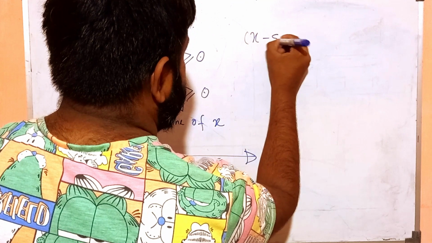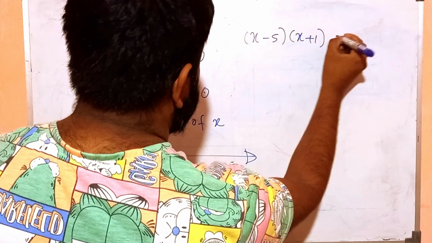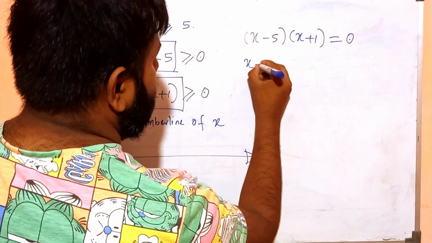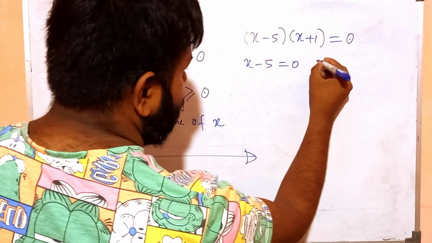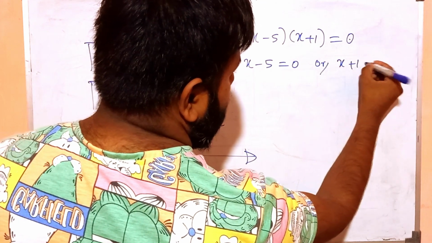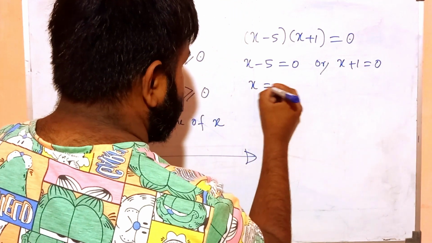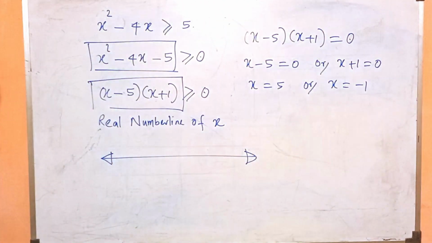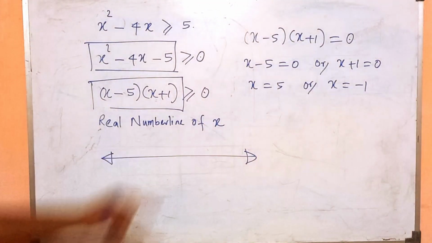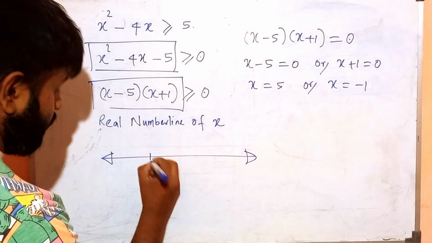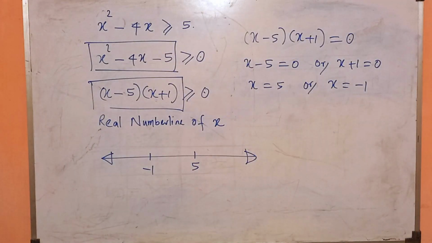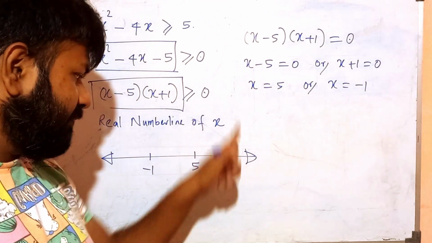If (x minus 5) into (x plus 1) is equal to 0, then x minus 5 has to be equal to 0 or x plus 1 has to be equal to 0, which means x is equal to 5 or x is equal to minus 1. So these are the values we have to indicate in this number line: minus 1 and 5. These two values divide the number line into 3 parts.